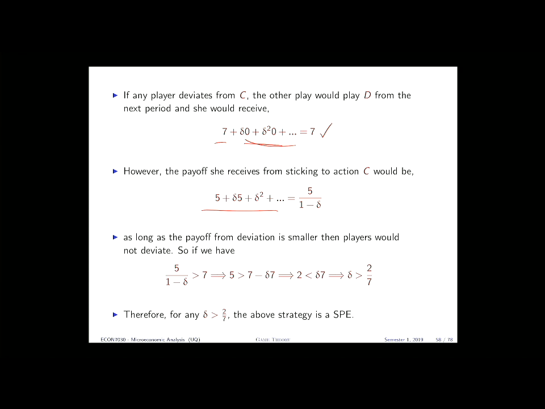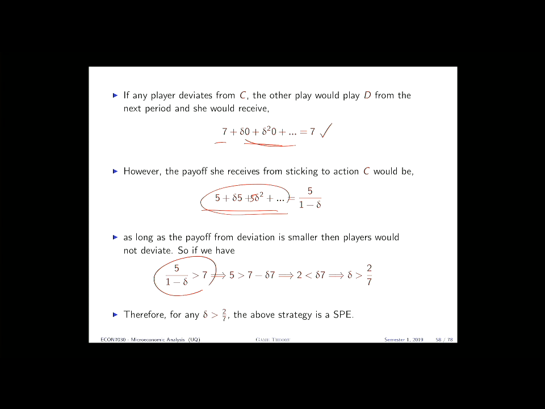The sum of the cooperation strategy would become 5 plus 5 delta plus 5 delta to the power of 2, and so on and so forth. So that sum we know will become equal to 5 over 1 minus delta. What we want is 5 over 1 minus delta becoming larger than 7.